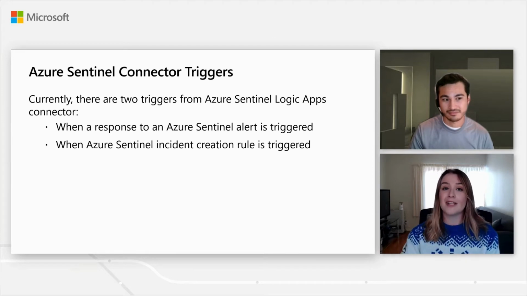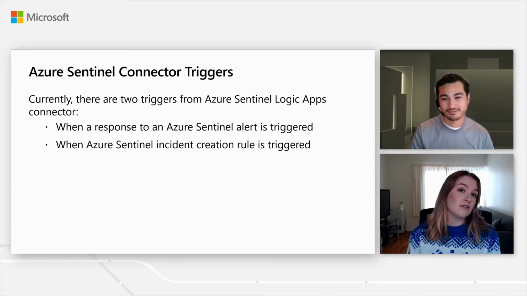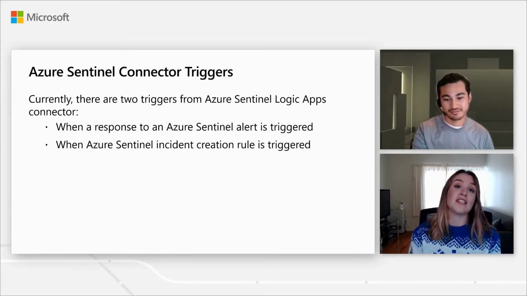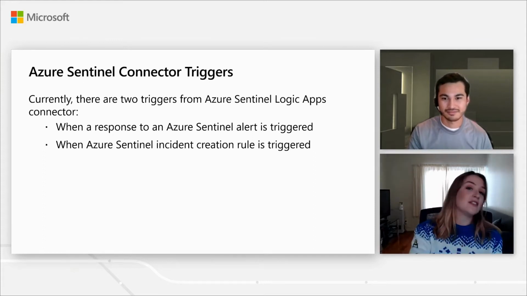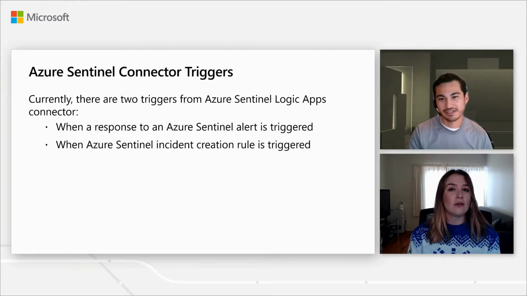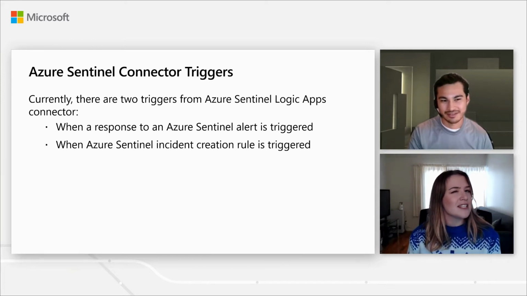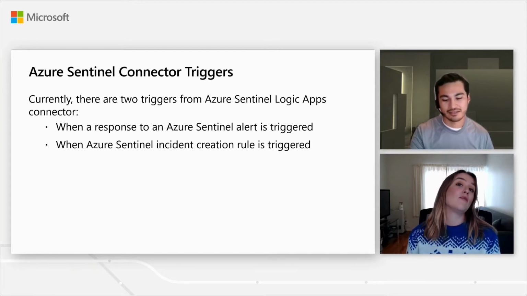But then if you subsequently see a large number of those alerts, or a certain combination of alerts that might indicate something weird in your environment, then you would say, okay, now I want to raise an incident because my security analysts need to get hands-on with this, and we're going to run this kind of automation instead. Alerts and incidents don't sound necessarily different at first glance, but there are some subtle differences, and it gives you a lot more flexibility in your security operations.